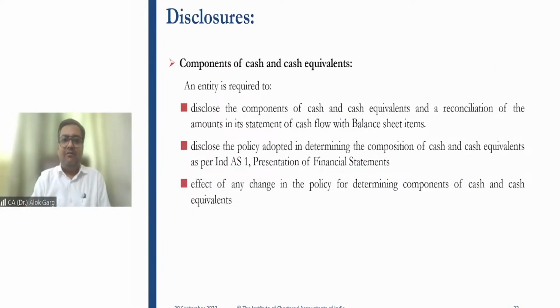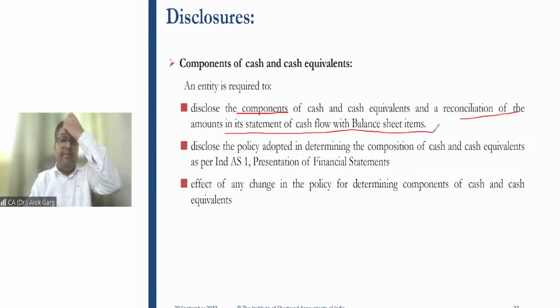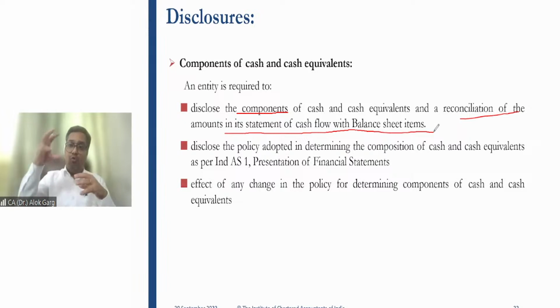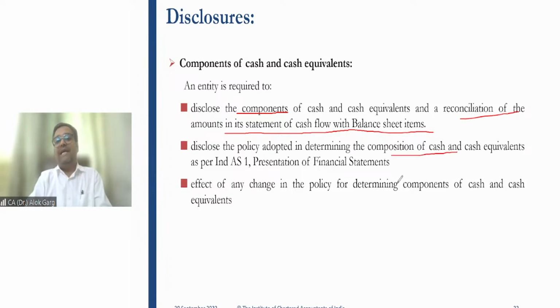Components of cash and cash equivalent. We have discussed that the entity is required to disclose the components of cash and cash equivalent and a reconciliation of the amount in the statement of cash flow with the balance sheet item. Do you remember? I have told you your opening cash and cash equivalent, then you have to put the unrealized gain or loss. You have to show the bank overdraft to just match it with the balance sheet cash and cash equivalent, right? You have to disclose the policy for determining the composition of cash and cash equivalent.